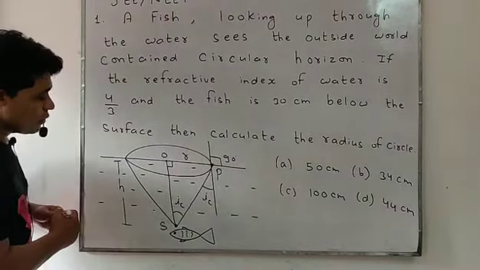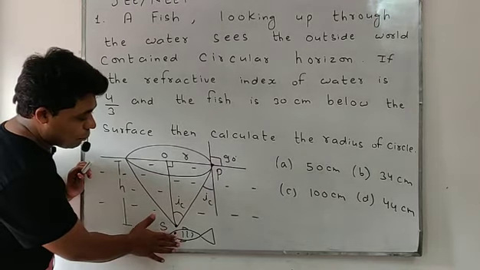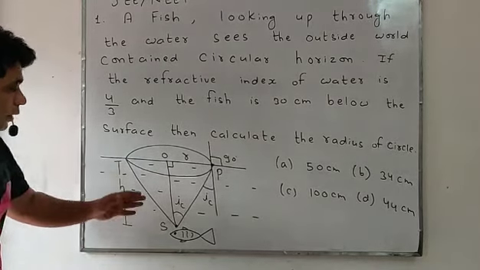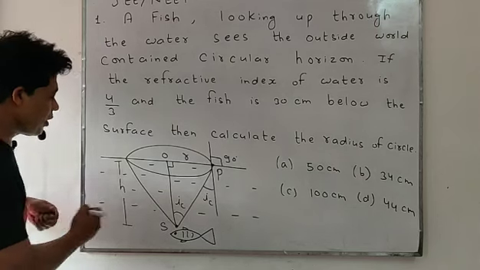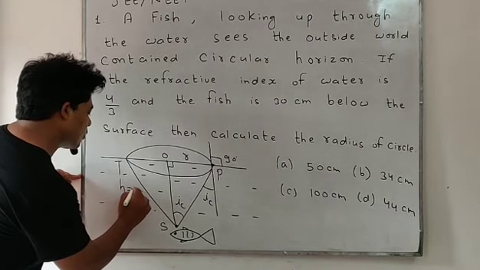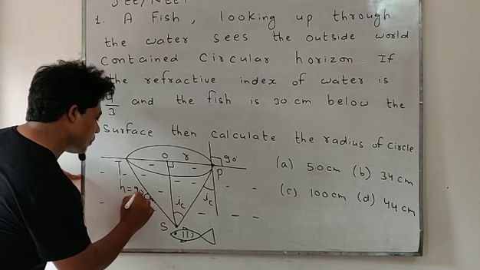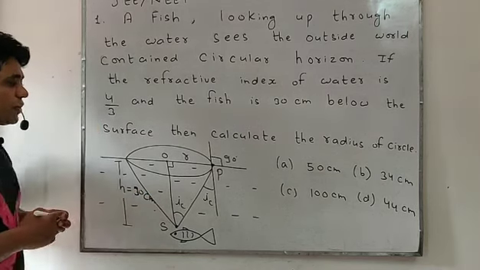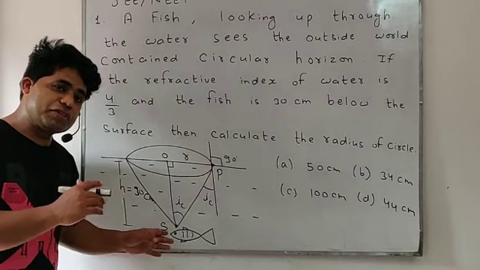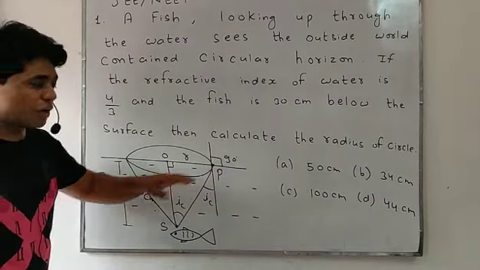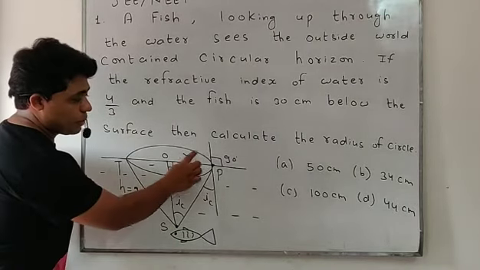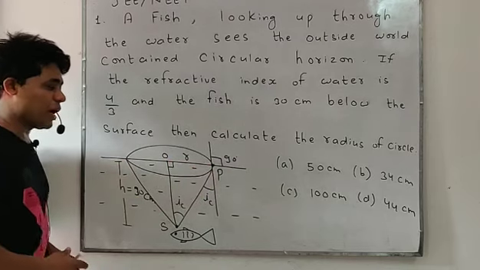Look students, actually we are given a fish in the water, and it is 30 centimeter below. So what is the depth of that fish from the surface? That is 30 centimeter from the surface, and that fish can see the outside world in a circular horizon and its radius is r.